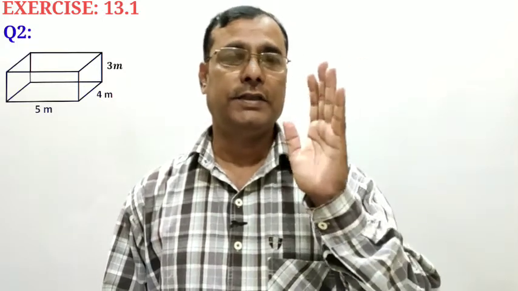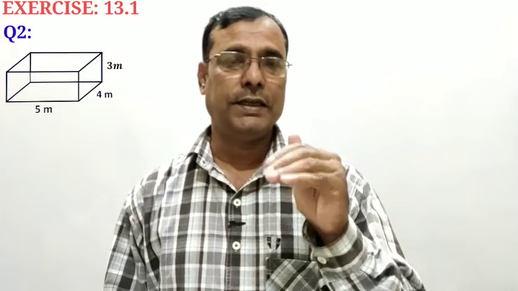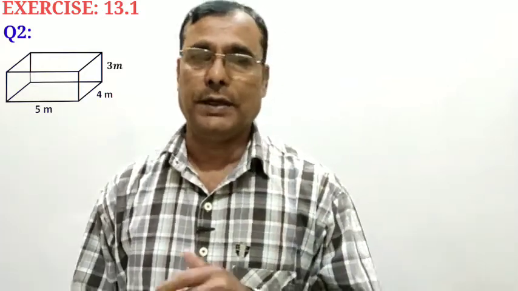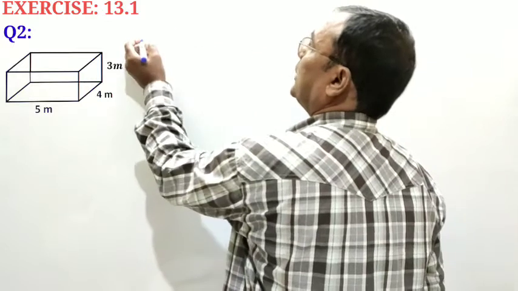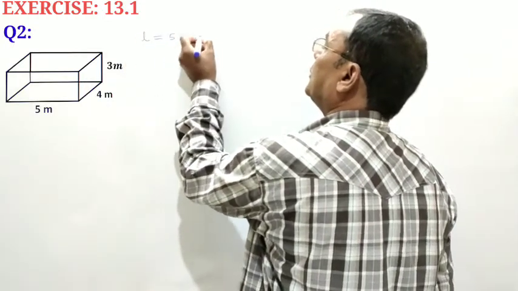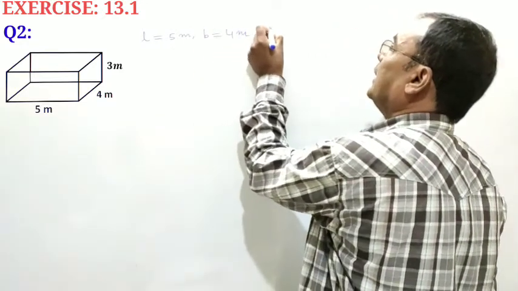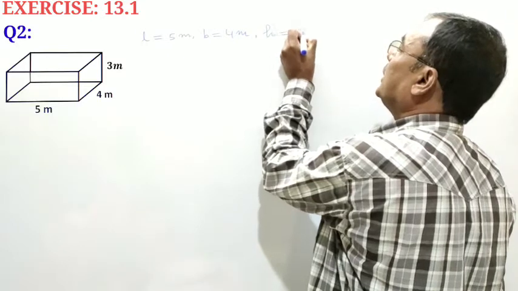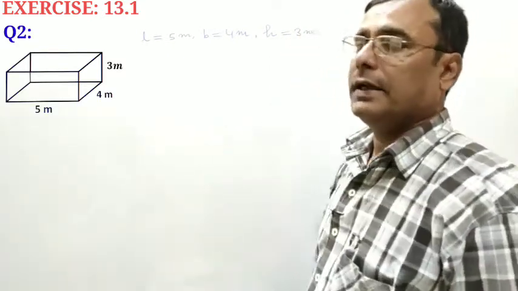So area of the ceiling is going to be rectangular in shape, so its area will be length into breadth. So let us write first dimension of this cuboidal room as length 5 meter, breadth 4 meter, and height 3 meter.